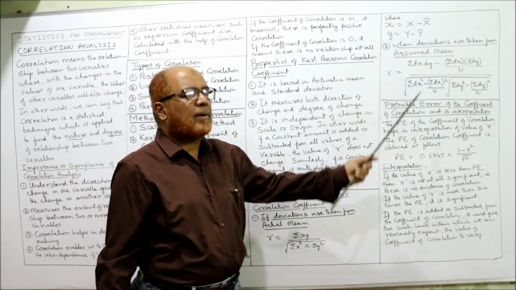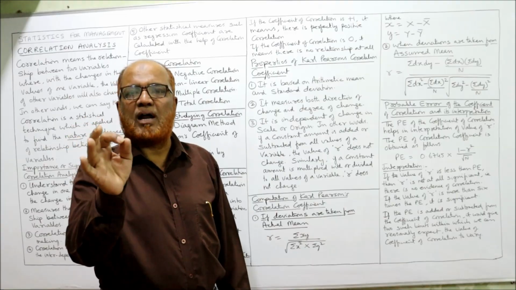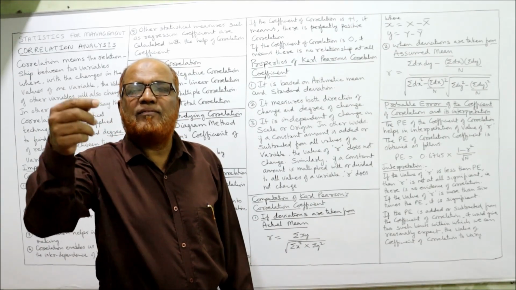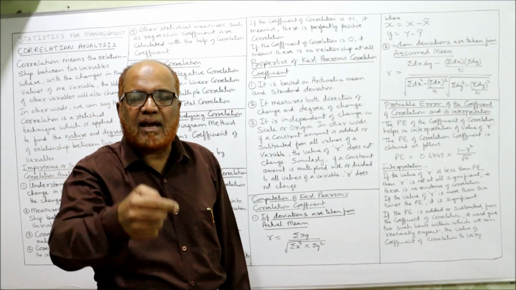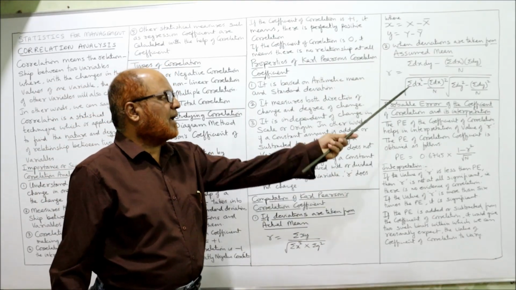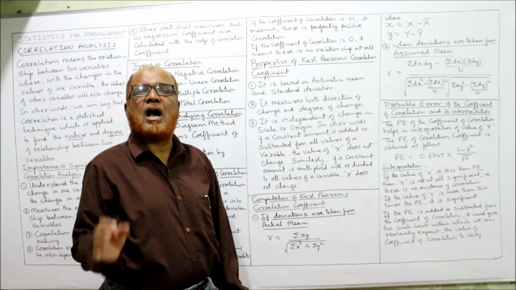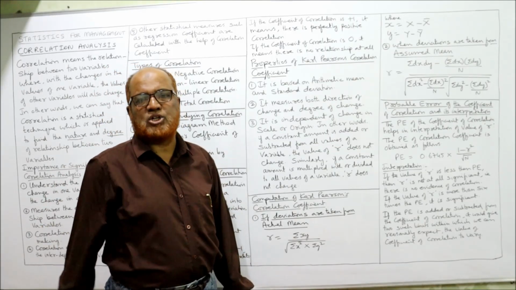So this formula will be applied when deviations are taken from the assumed mean, when the actual mean is in fraction. That's all. These two formulas you have to remember for calculating Pearson's coefficient of correlation.